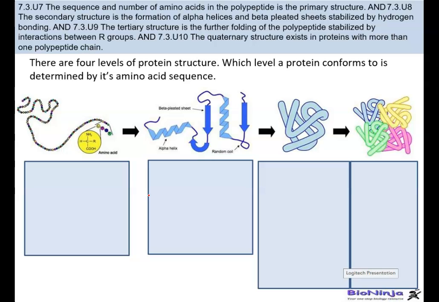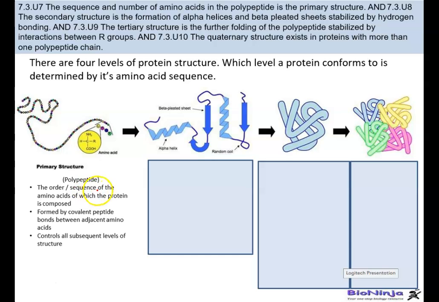Pause the video and, step by step, explain what you can see regarding this structure. Okay, let's go. Primary structure is based on the order of the amino acids, and the covalent bonds make that primary structure.